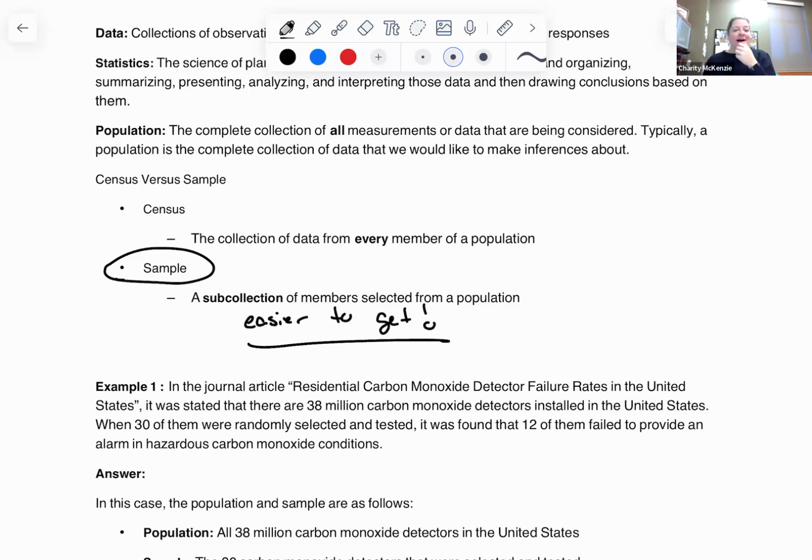Or I could get a census if everyone in those math classes answered my question, which would be an easier census than everyone in the United States, right? Or even everyone in Sheridan. So census is everyone in your population, and a sample is just that subgroup from your population.